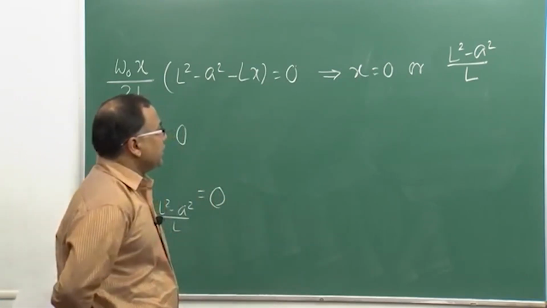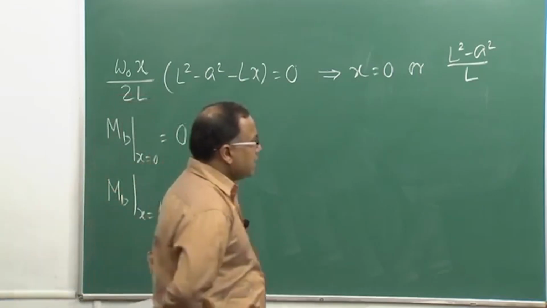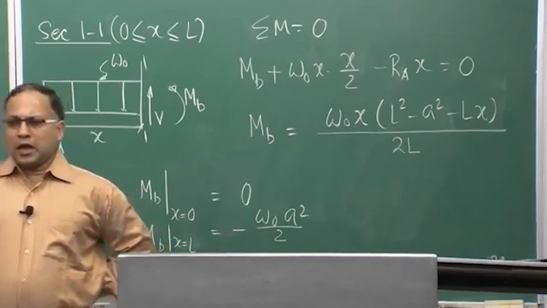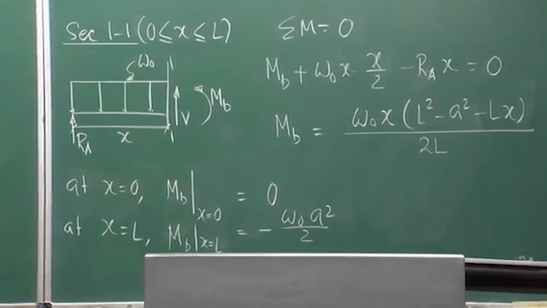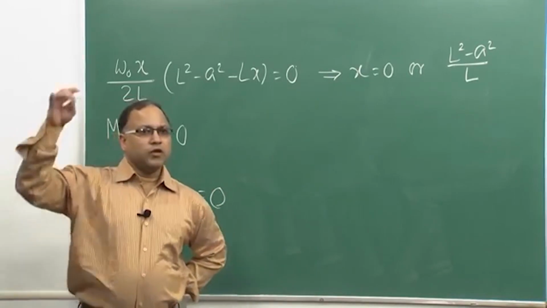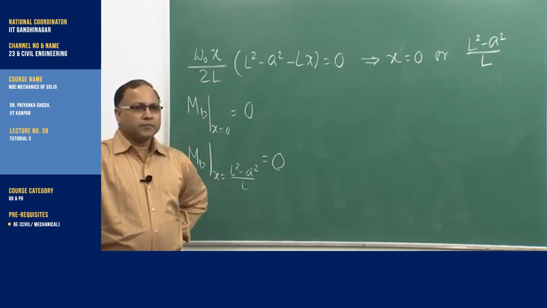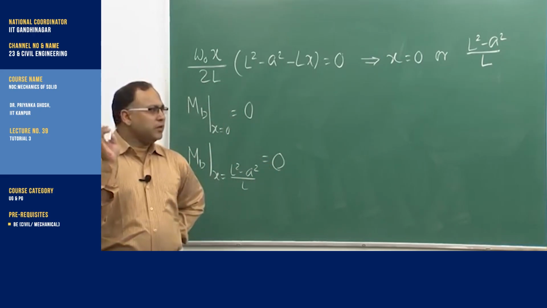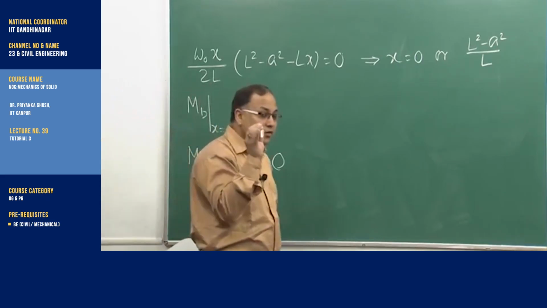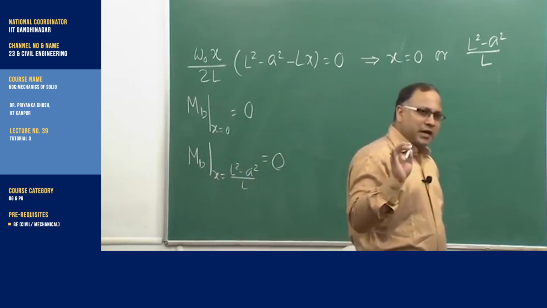So, now what you are getting? You are getting it is starting from 0 and then it is gradually building up and then again it is becoming 0 and then it is going to the other side. Okay. That kind of hazy picture, not very clear picture you are getting, right.